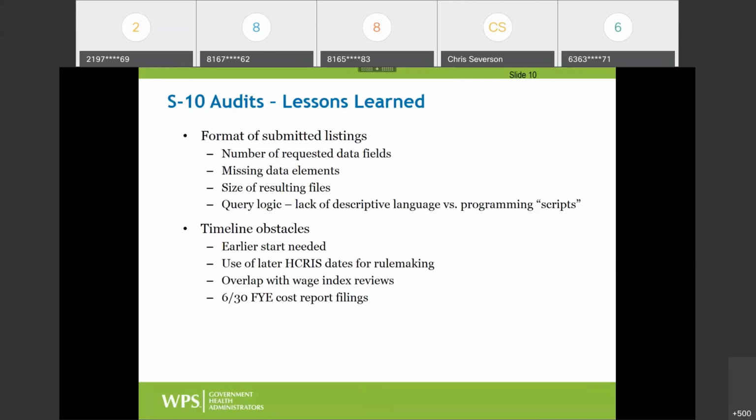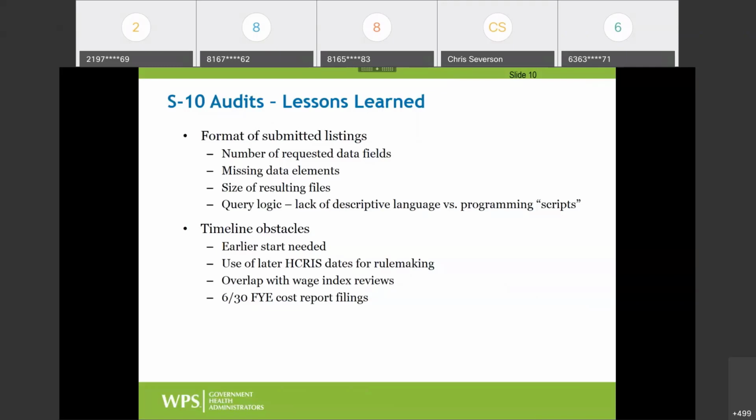So we've been advocating, why not use the March HCRIS for the proposed rule, because that doesn't come out until April or May every year, and then the June HCRIS as the final, since that's more of an August, September final rule exercise, with the hope that we could get some things resolved if there were problems with audit findings.